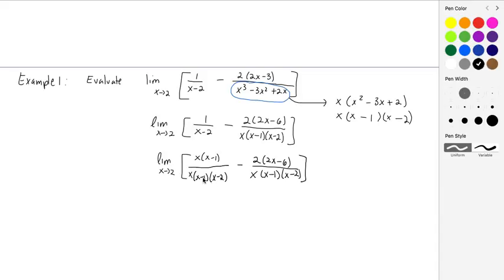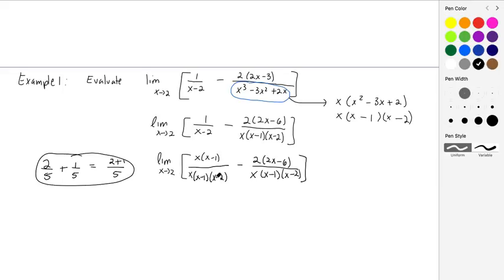Now that we have two equal denominators, if the denominators are equal in a fraction, then we know that we can just add the tops, so 2 plus 1, and it goes over the same denominator. We're going to use this simple rule to simplify this.